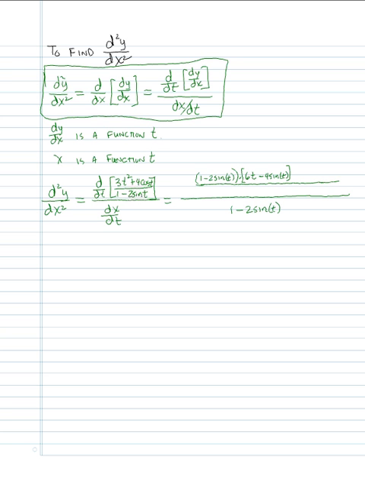And then we subtract from that the numerator, unchanged, 3t squared plus 4 cosine of t, times the derivative of the denominator. And the derivative of the denominator ends up being negative 2 cosine t. And we divide all of that by the denominator squared.